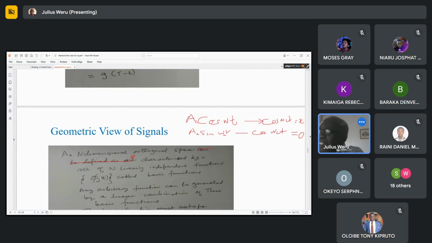This is a very simple mathematical operation, but it is very important in telecommunication. That's why the basis functions we use with most of our signals are the cosine and the sine. Those are the orthogonal basis functions we use.